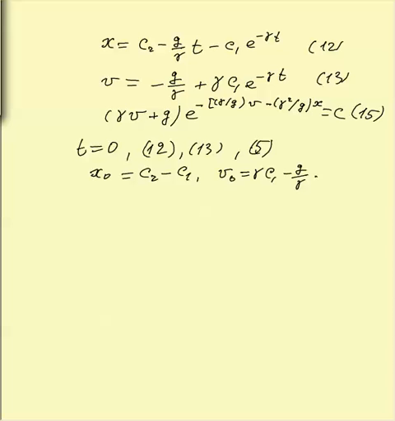Solving these equations for c1 and c2, we obtain c1 equals v0 over gamma plus g over gamma square, and c2 equals x0 plus v0 over gamma plus g over gamma square.